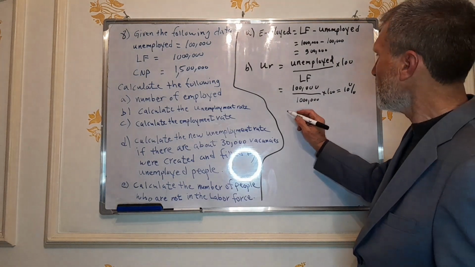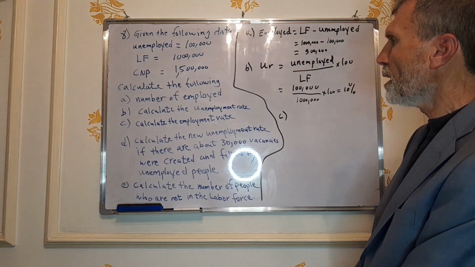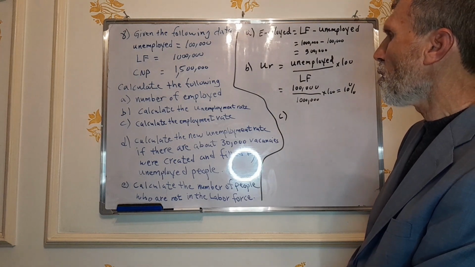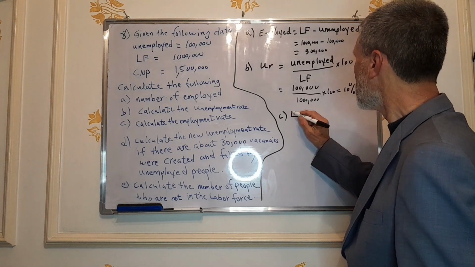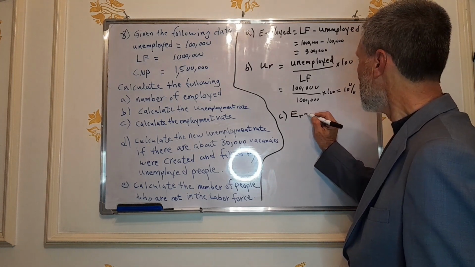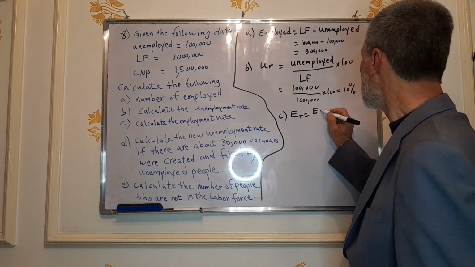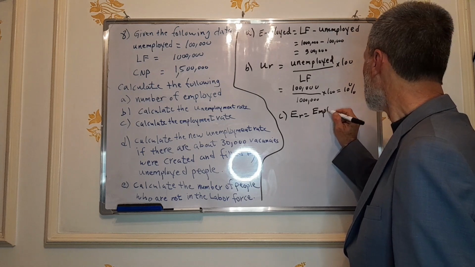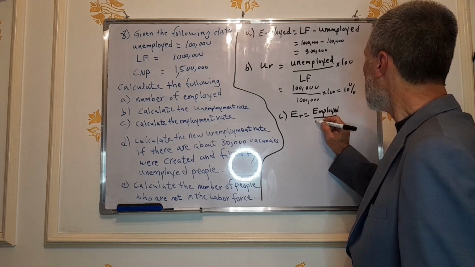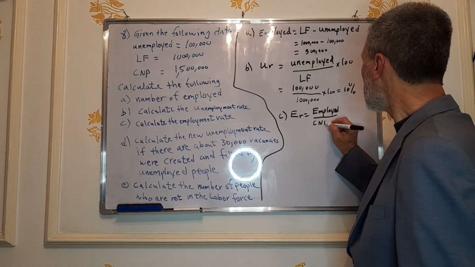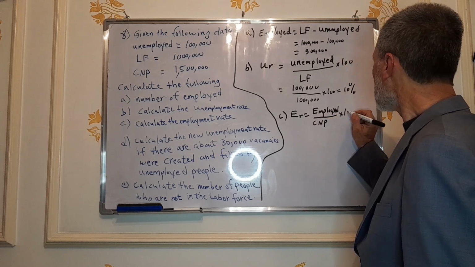Now, part C, calculate the employment rate. Employment rate is equal to employed over civilian non-institutional population times 100.